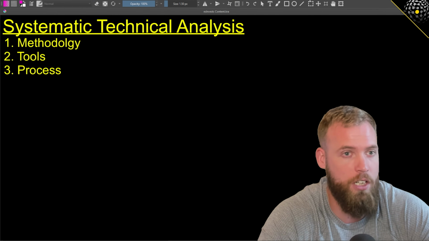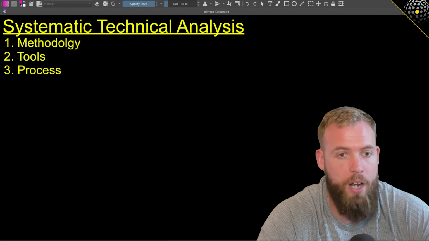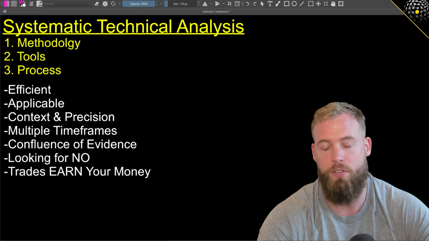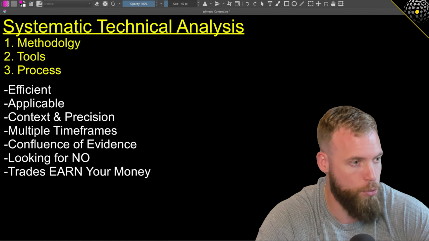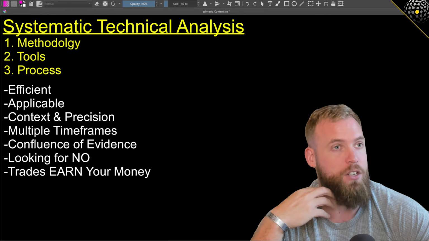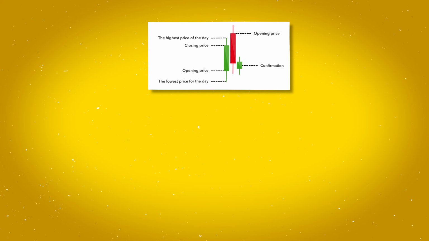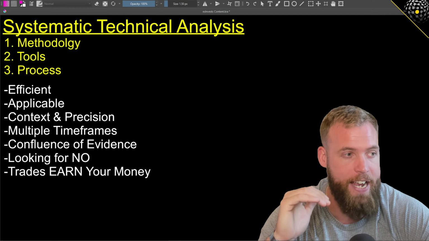So let's take a look at what we have first. Methodology. Really what I want to talk about here are a handful of concepts that guide my approach when it comes to technical analysis. The first one is that it has to be efficient. You can spend way too much time getting into the weeds, even trying to learn individual candlestick patterns and stuff like that. And that's not me.